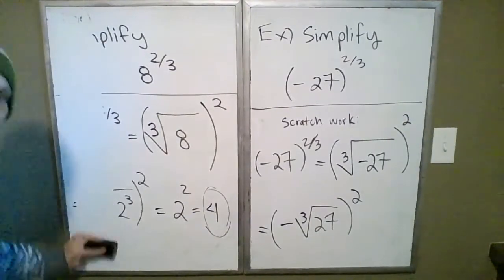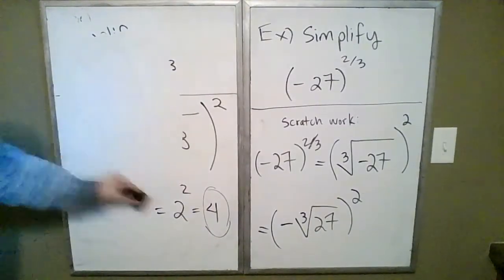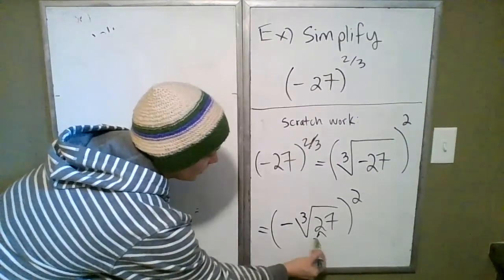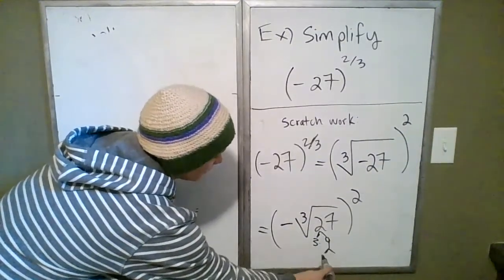So let's start to factor 27. 3 times 9, which is 3 times 3.